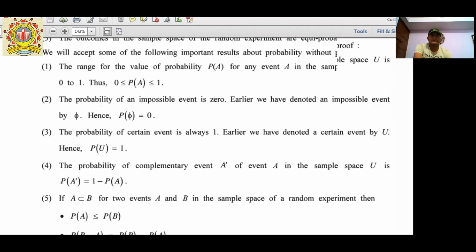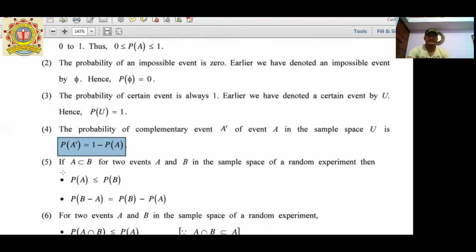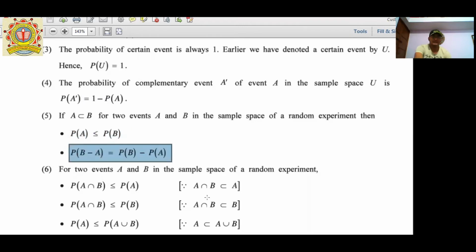First of all, P of phi is 0, P of U is 1, P of A dash, that is P of A complement, is 1 minus P of A, and if A is a subset of B for two events A and B, then we can say that P of A is less than or equal to P of B, and P of B minus A is equal to P of B minus P of A.